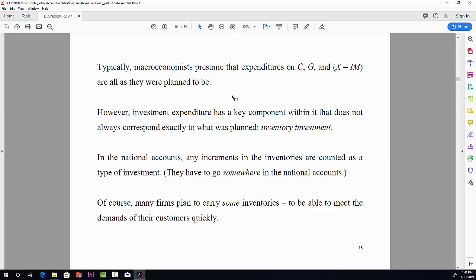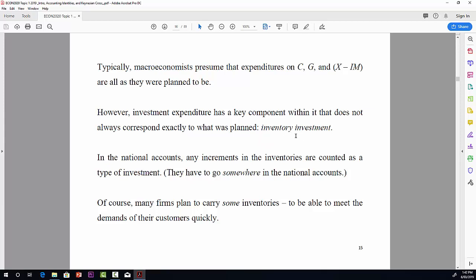So usually macroeconomists, and certainly in this course, presume that expenditures on consumption and government expenditure and net exports are exactly what people plan them to be. However, investment expenditure is different. It has a key component that doesn't always correspond exactly to what was planned, and this is what's known as inventory investment.